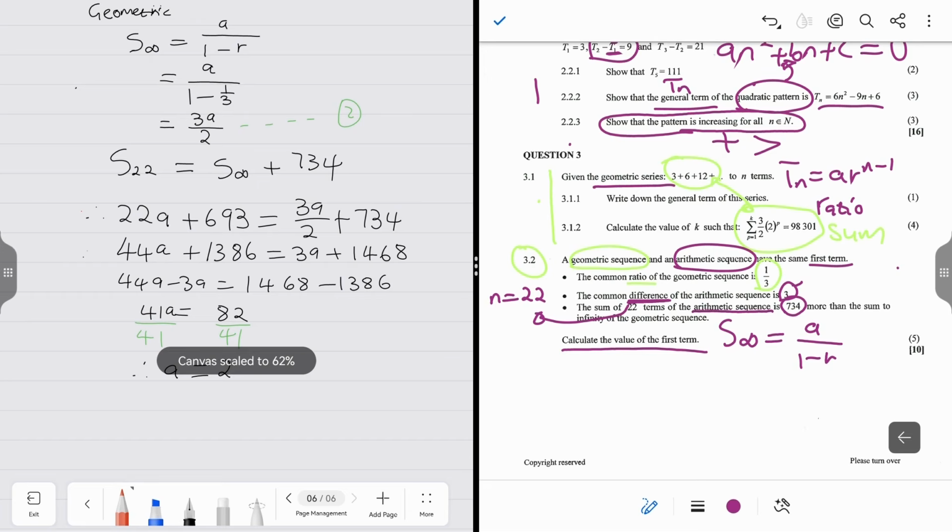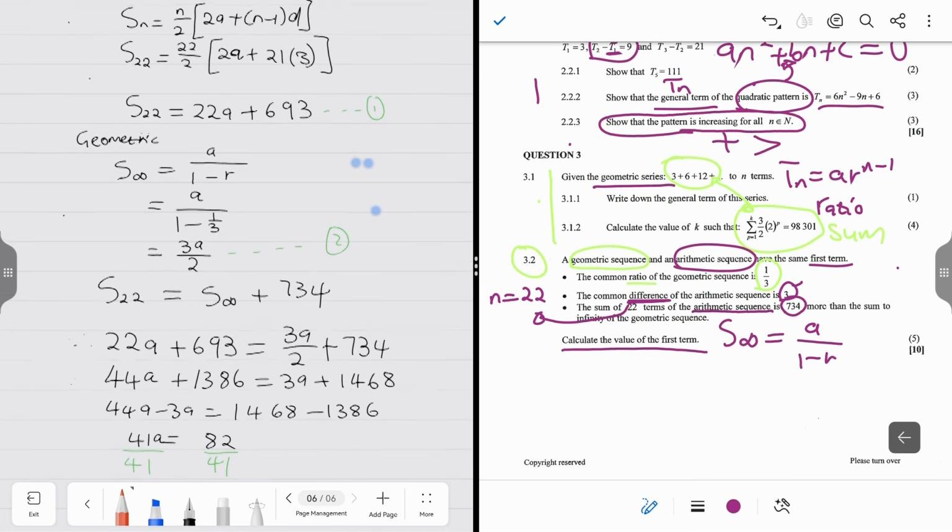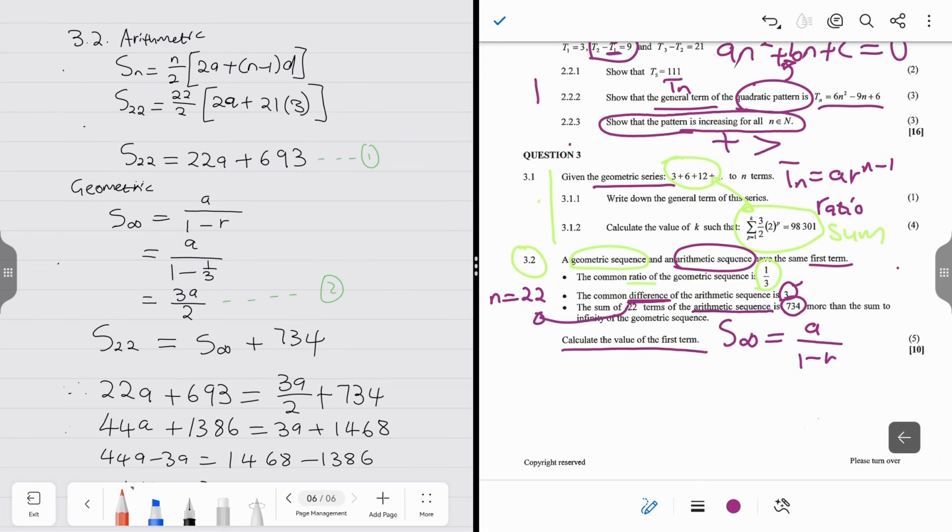So let's see where do we get the marks and all those kind of things. So to substitute into the formula, that always gives you the marks. So please make sure that you write your formula down and make sure that it's substituted at all times. Substituting, you get your marks. Writing your first equation, you also get your marks.